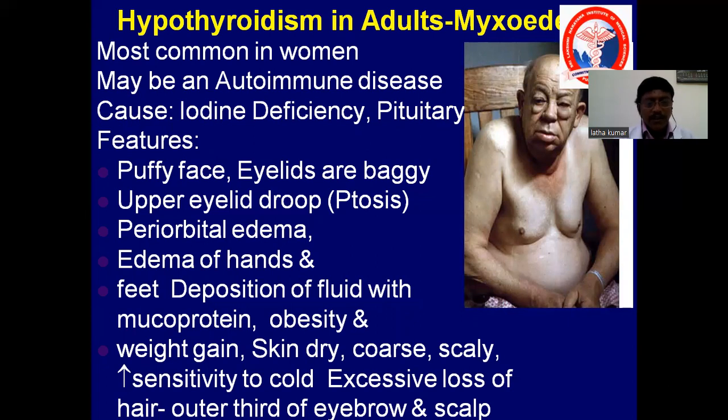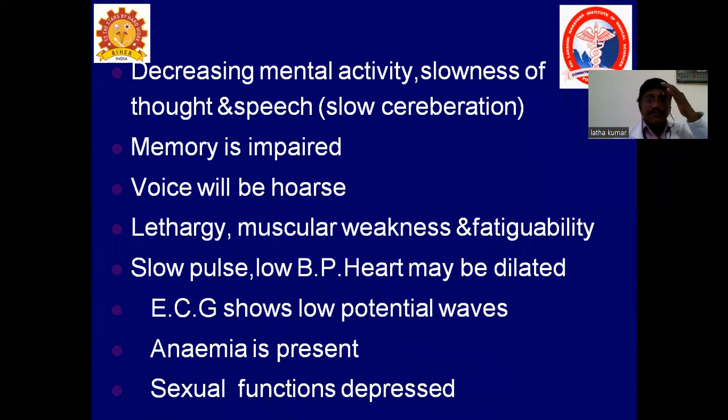Also there will be weight gain and dryness in the skin, porous, scaly, and increased sensitivity to the cold, excessive loss of hair, outer third of the eyebrow and scalp. These are the most common in women, in the adult.